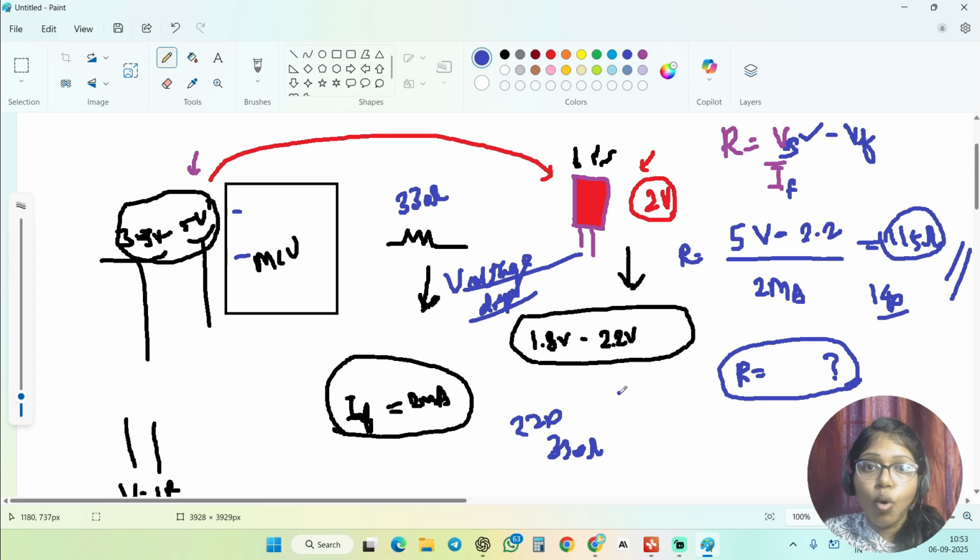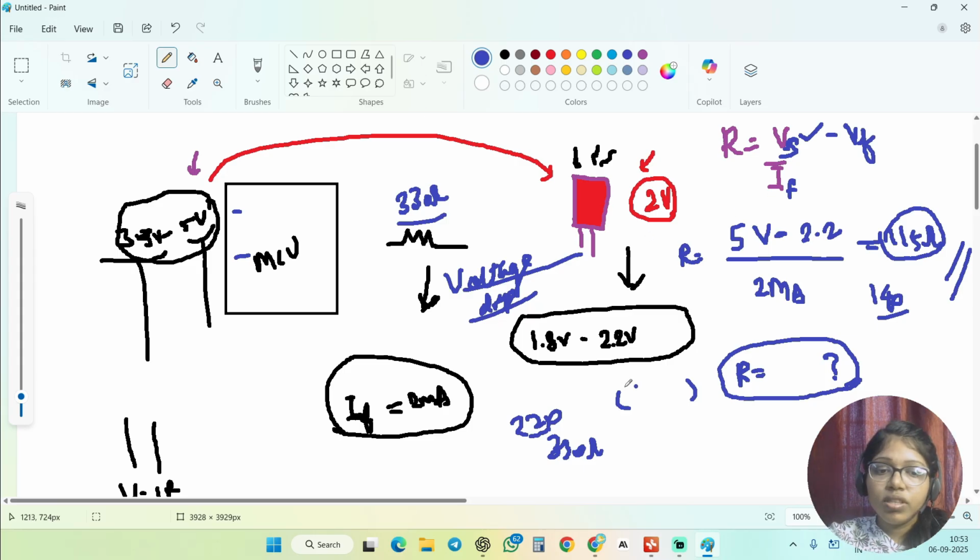But don't go with 1k ohm or 1000 ohm resistor. Minute variation will be okay, but it will only affect the brightness of the LED. You can go with 330 or 220. If you get a value around 100, go above 100 with this value; that is not going to affect the brightness.